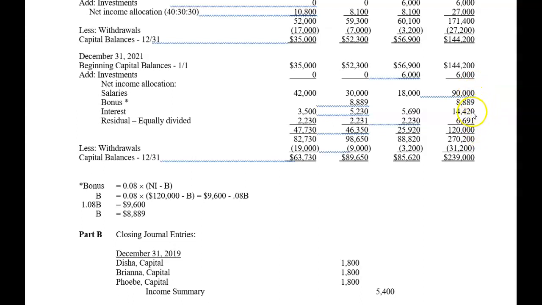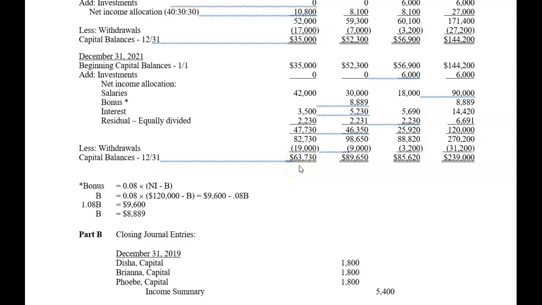If you add these up, you'll be short $6,691, which is the residual, what's left to get to the 120, and that's equally divided according to the instructions that we have. You know, you have to round at times, so usually there's a rounding partner identified. It doesn't really matter in this case. They put it to the middle partner, right? And then from there, take out the amounts they withdrew and get the new capital balances.